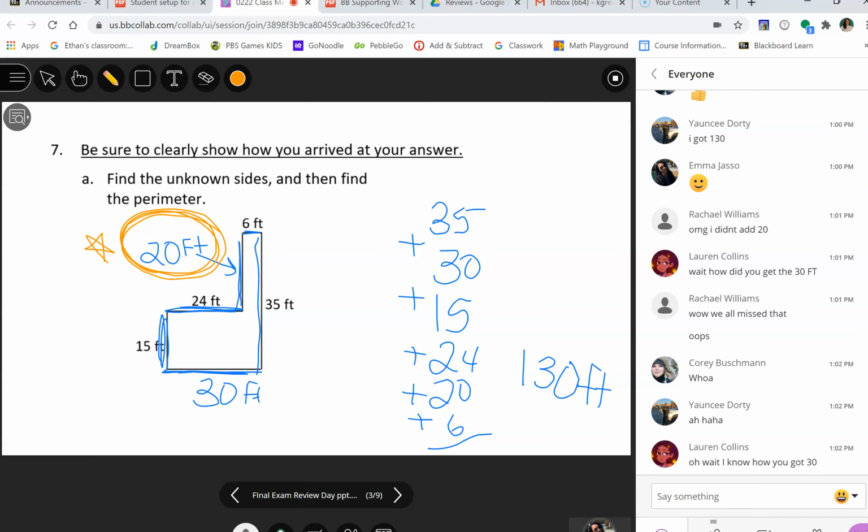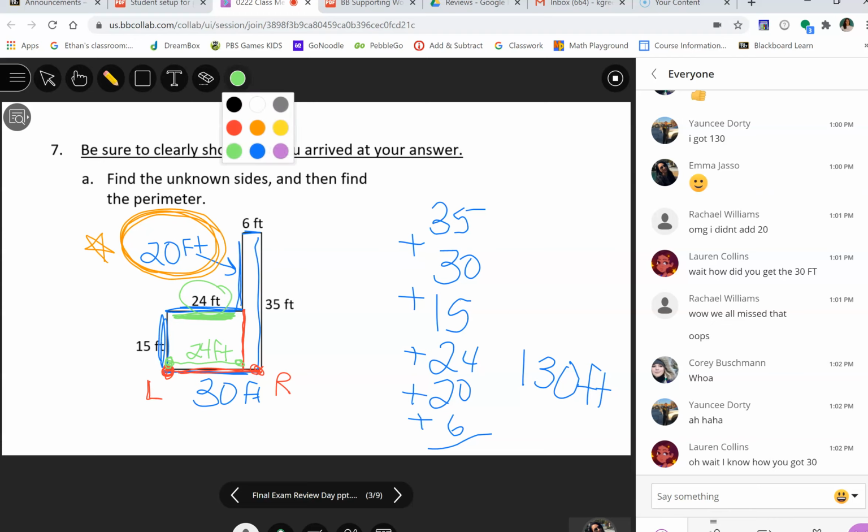Lauren is asking, how did you get the 30? Okay, so the way I got the 30, Lauren, is this. This side from corner to corner goes from the left side all the way to the right side. And then I looked above it, I kind of broke it into two parts. From this corner to right here, it's 24 feet, because when I looked above it, the parallel side up there was 24 feet long.